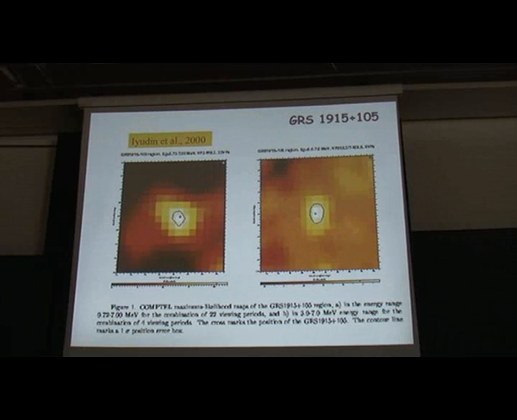This is just to demonstrate that COMPTEL indeed detected this object. This is a map at energies of 0.7 up to 7 MeV. This is a map showing another episode for energies of 3 to 7 MeV from this object.